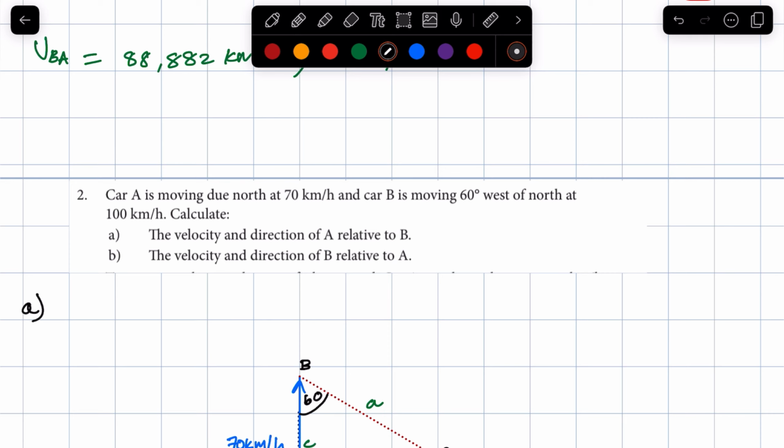Meaning, in our parallelogram method, we represent the velocity of b as stated in the statement, and because a is now our frame of reference, we represent the direction of a opposite to the one given in the statement.